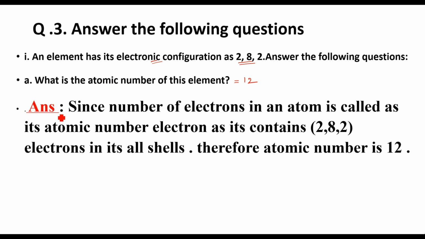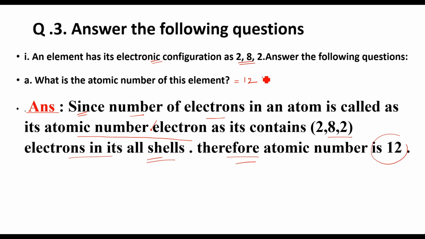Here I have written: since the number of electrons in an atom is called its atomic number, and as the electronic configuration of that element is 2, 8, 2, the sum of all the shells gives the atomic number, and therefore the atomic number is 12.